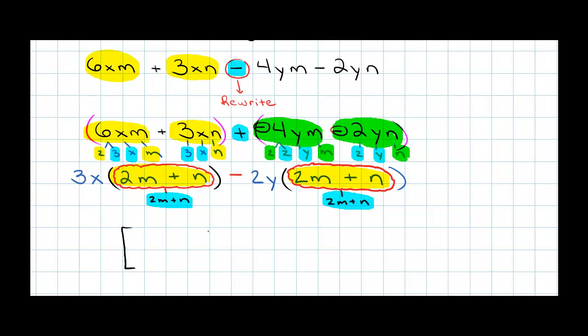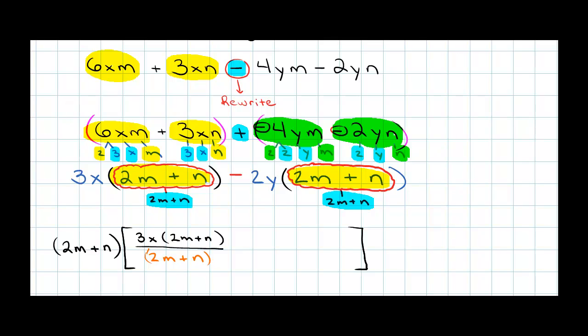Now what I'm going to draw here is some square brackets to really emphasize that I'm factoring out this entire binomial. You don't have to draw square brackets; I'm doing it for emphasis. This is like an in-between step. You might not have to write this step down, but some people might if they still don't understand what's going on here.